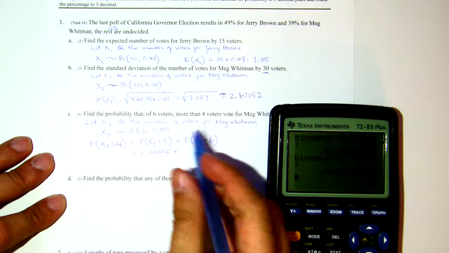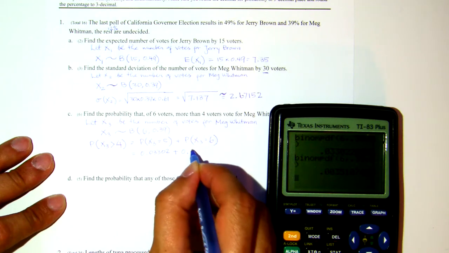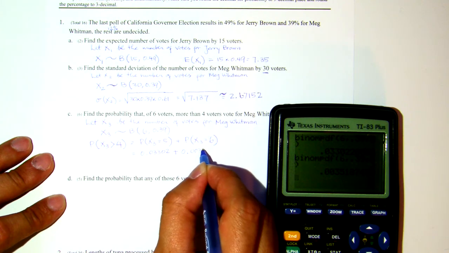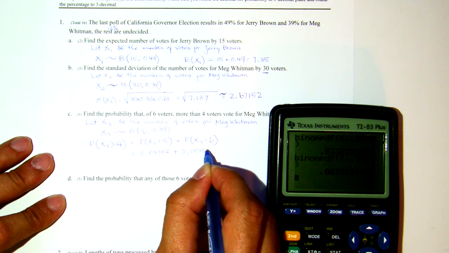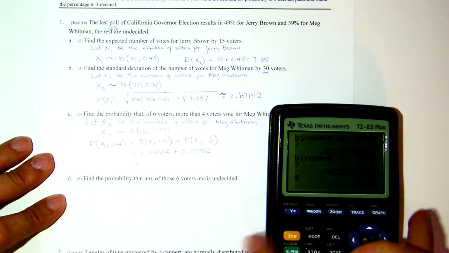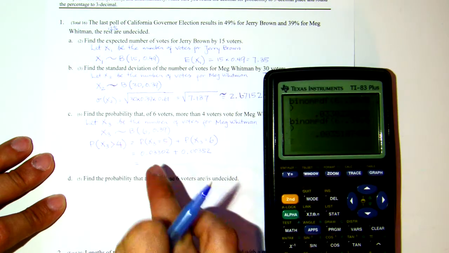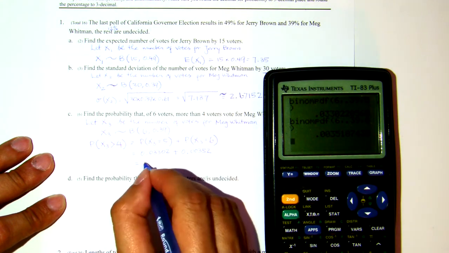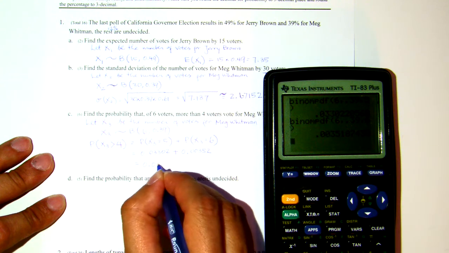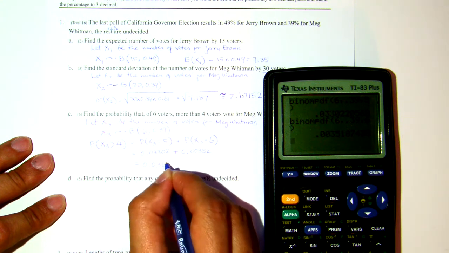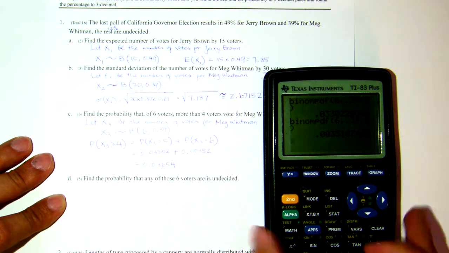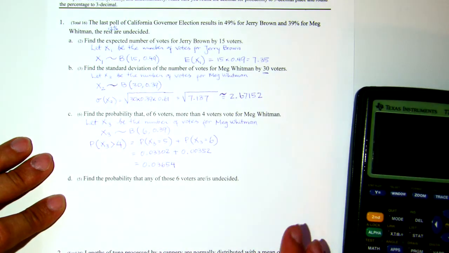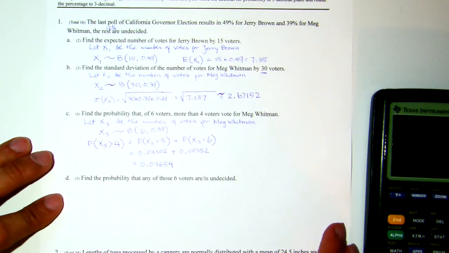That will be 0.00352, which if I add to the previous number, will be 0.03654. Okay, now that's the probability that the number of votes for McWhitman will be greater than 4.